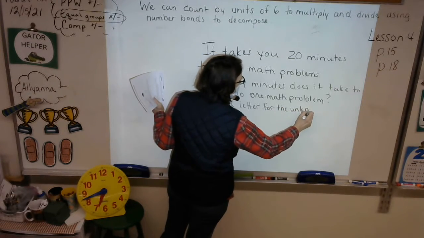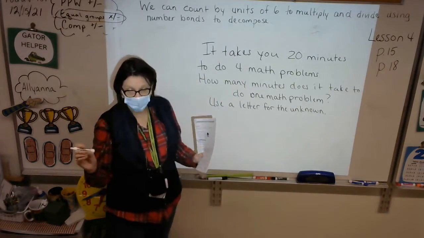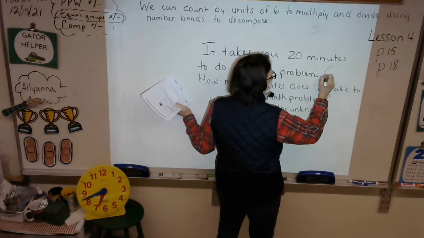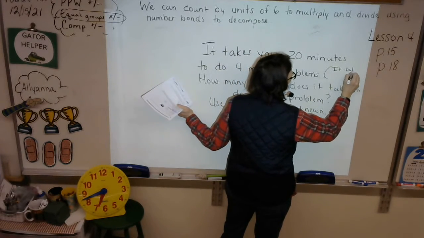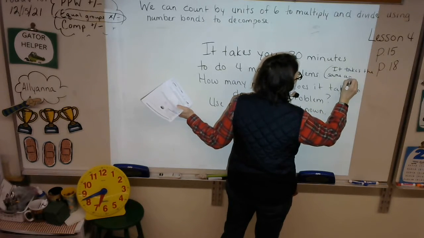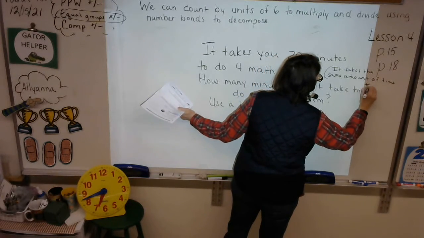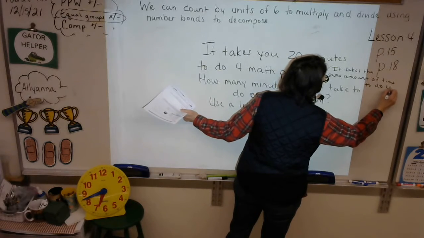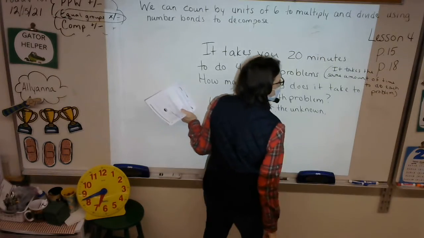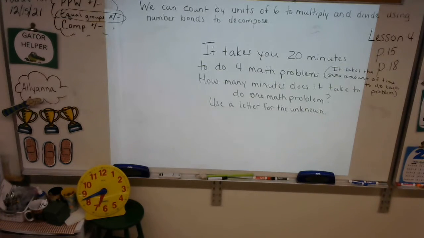So, first thing you're going to do is draw a picture. It takes you 20 minutes to do 4 math problems. By the way, it takes the same amount of time to do each problem, so I should put that in there. So go ahead and draw your picture, and write 2 number sentences, 1 multiplication and 1 division, with a letter for your unknown. What do we know?